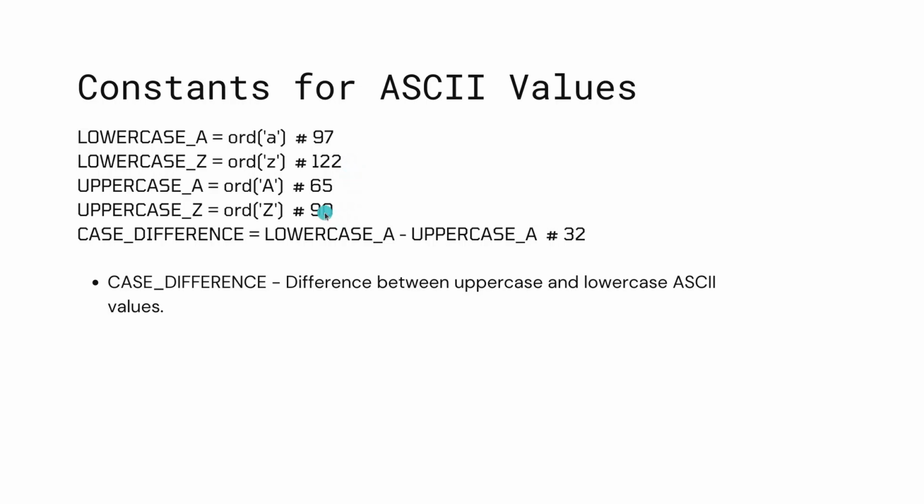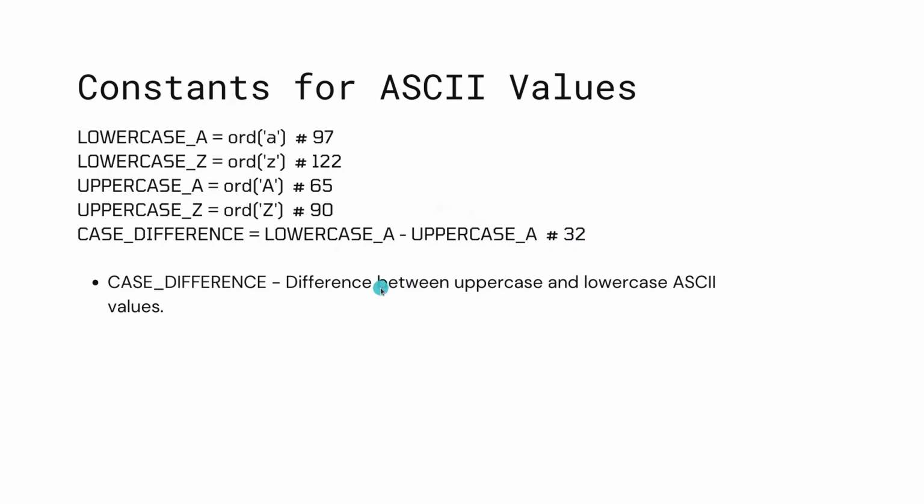So when you subtract those two, you get a value of 32. That is similar to if we were using lowercase a and uppercase A. So you can choose to use the a's or the z's for that. But it's a lowercase, you're subtracting the uppercase from the lowercase so that you get the case difference.